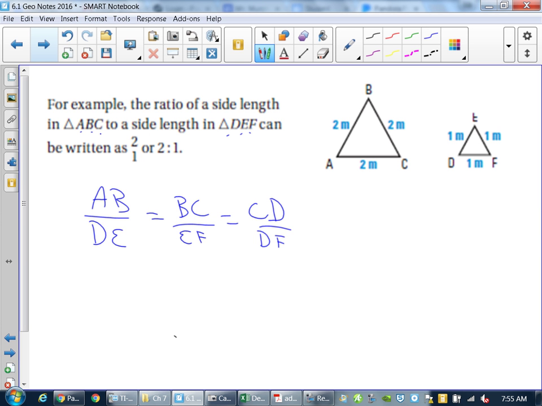That's it. Oh, it's CA. It's supposed to be CA also. And FD. Yeah, we can do that. Now, the idea here is that just as long as your side lengths match up, it'll work.